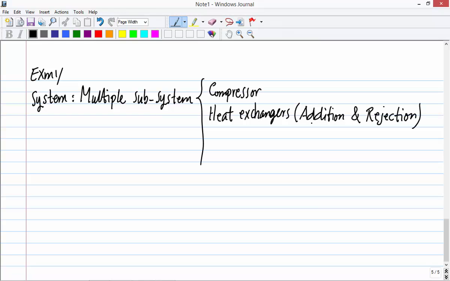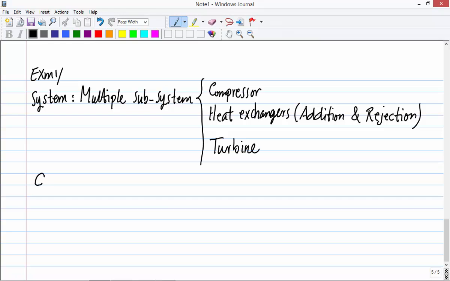In the addition heat exchanger, heat comes into the system, and in a rejection heat exchanger, the system loses the heat, right? And we have the turbine. So we have 4 subsystems, okay?